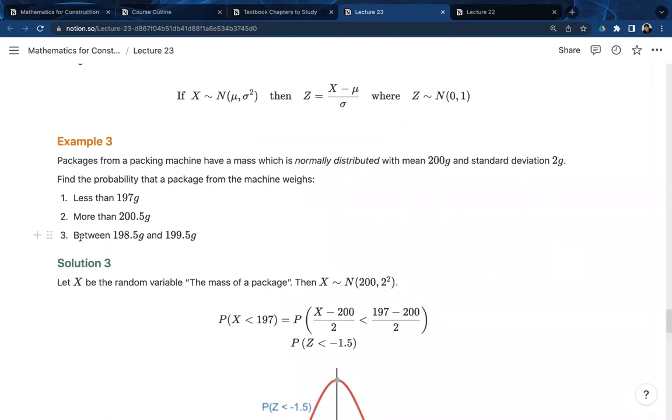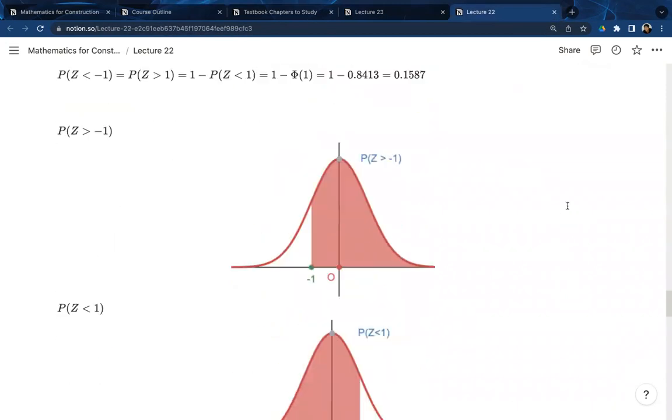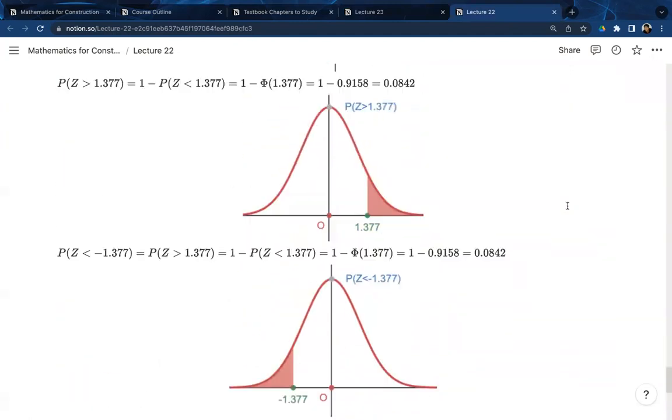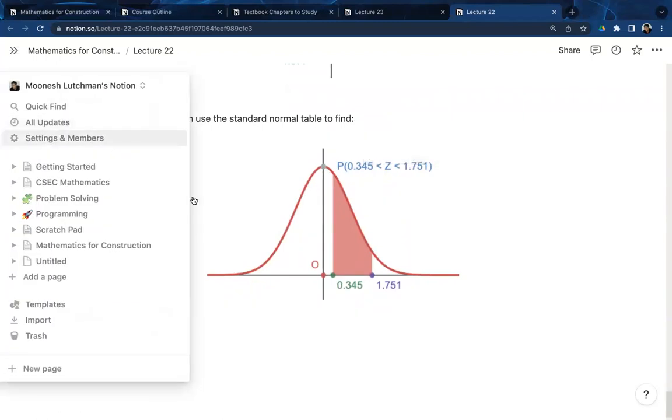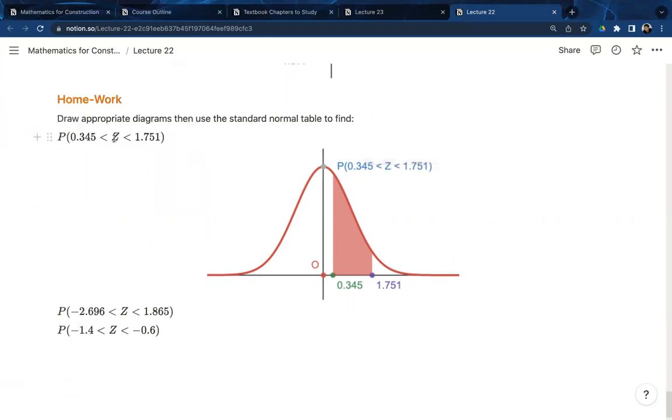What is the probability of the mass being between 198.5 and 199.5? This one is a little bit interesting. This is kind of similar to the homework we had. Look at the homework, the three questions I gave you. The first question, the probability was Z between two positive values. The second one, a negative and a positive value. I said draw a diagram for that and figure that out.